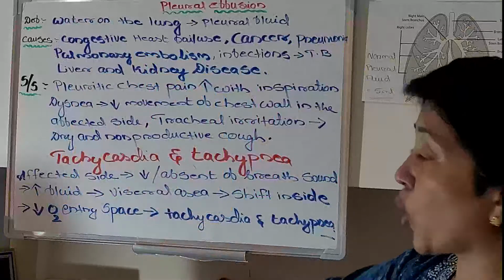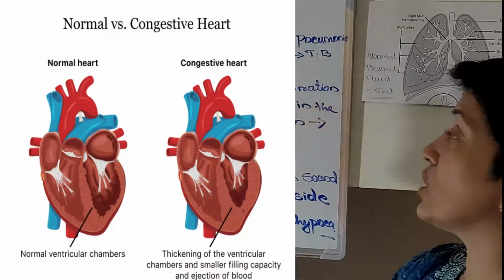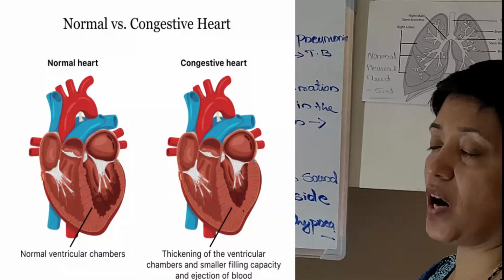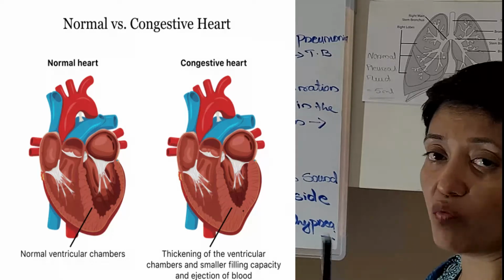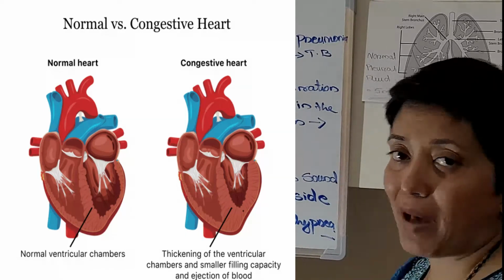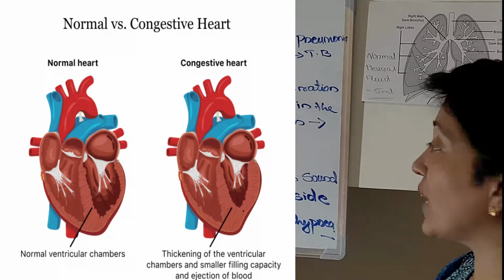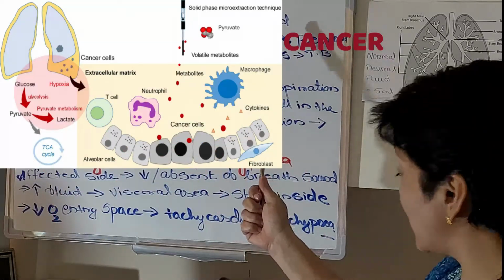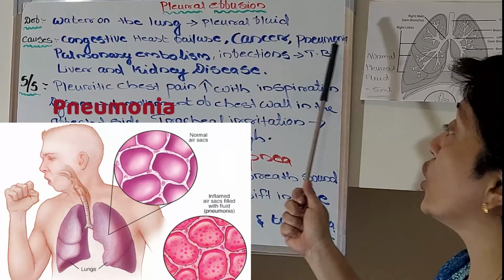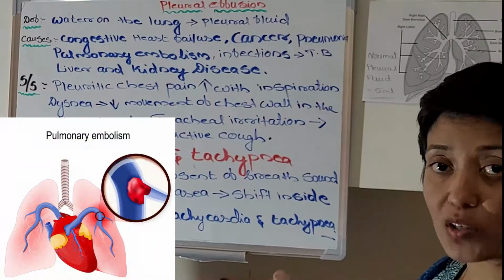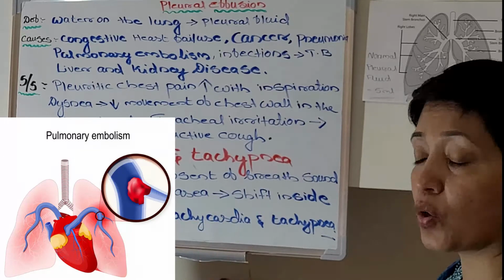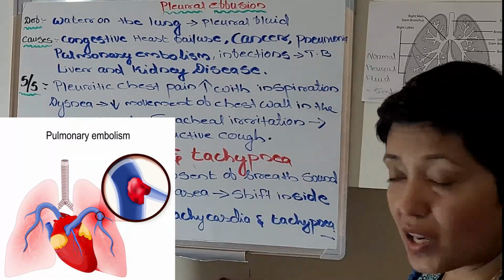So what are the causes of pleural effusion? Congestive heart failure. When congestive heart failure happens, the heart is not pumping properly, so the fluid balance cannot be maintained. That time it can lead to pleural effusion. Then the other causes are cancer, pneumonia, and pulmonary embolism. Emboli block the lung so that exchange of gases doesn't happen.